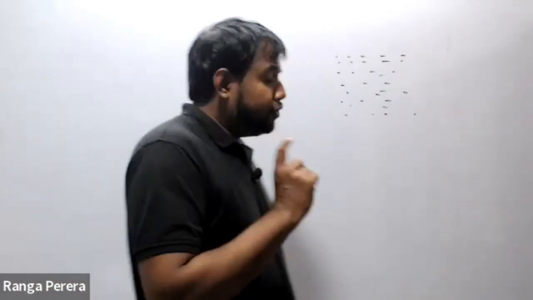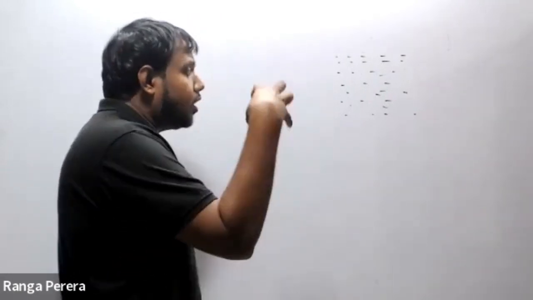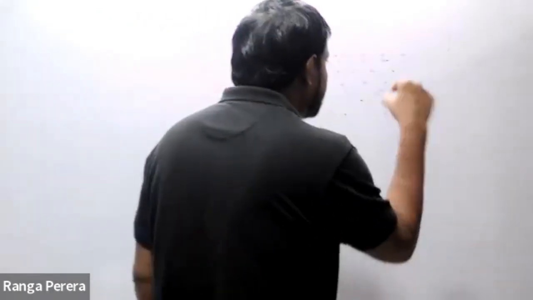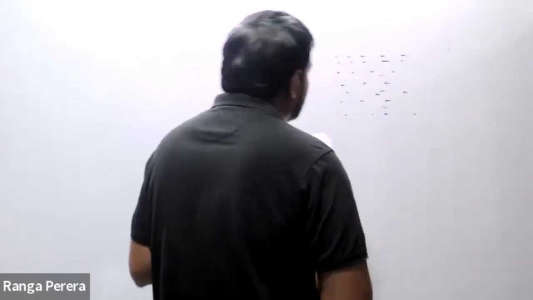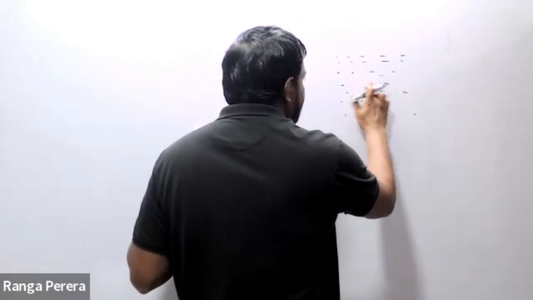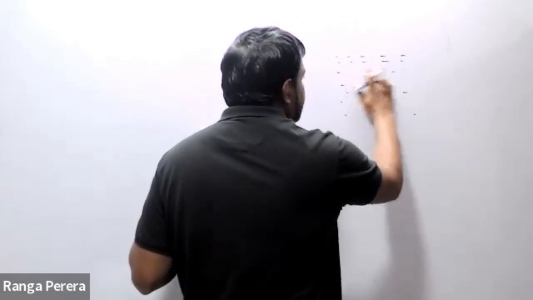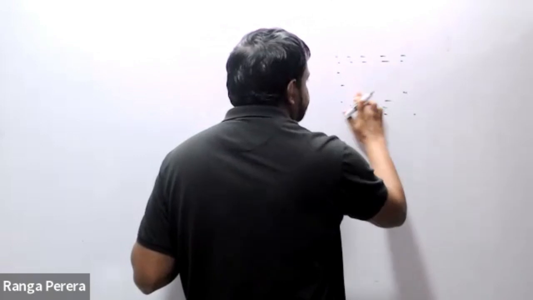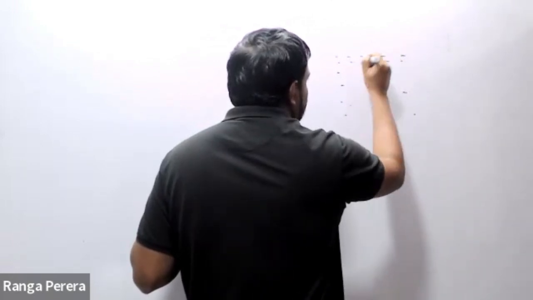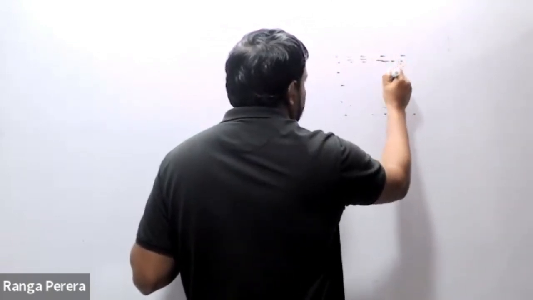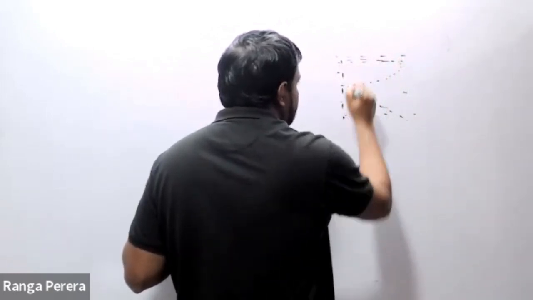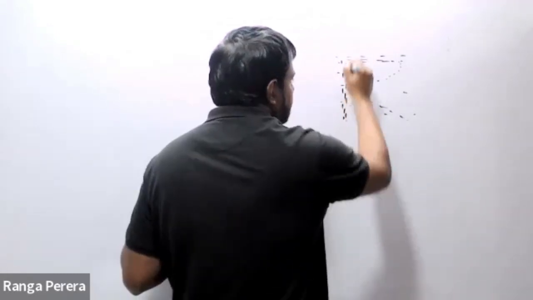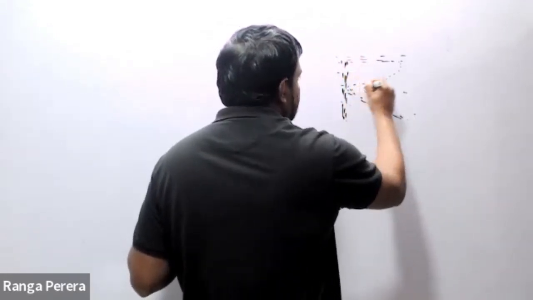But if you manage to send ink only to the relevant positions, let's say we send only these points. What kind of a letter is that?